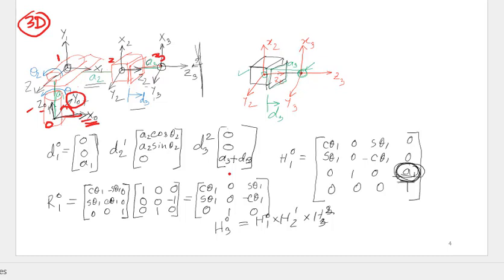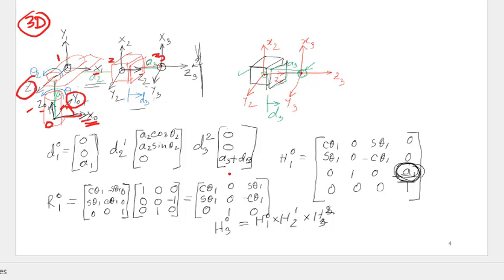Okay, if we get this x1 axis, then by using the right hand rule we will get the y1, and with the x1 and y1, the third one will be the z1.